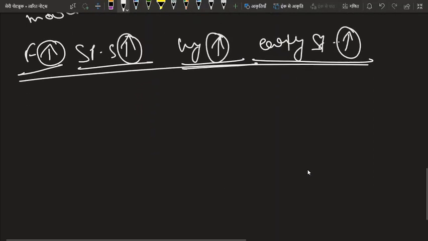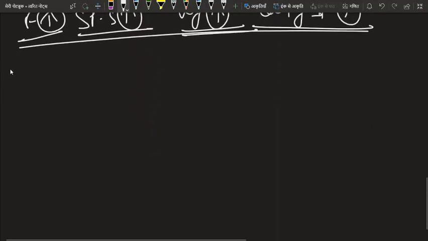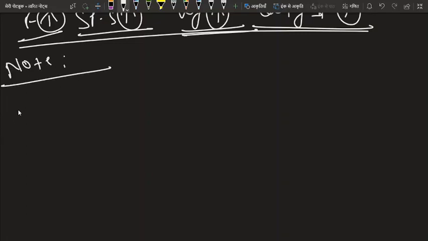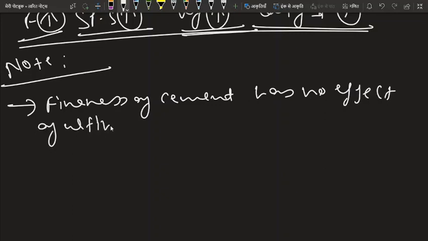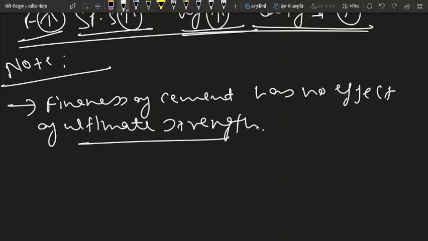But the most important thing, write it down as a note: fineness of cement has no effect on ultimate strength. It only affects the early strength.